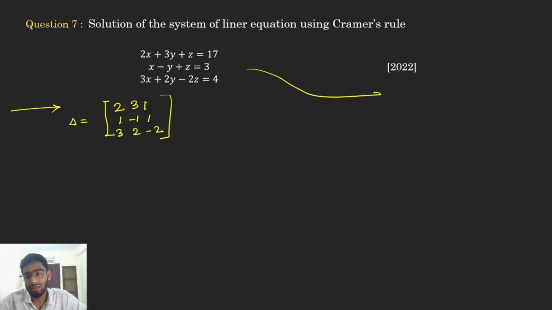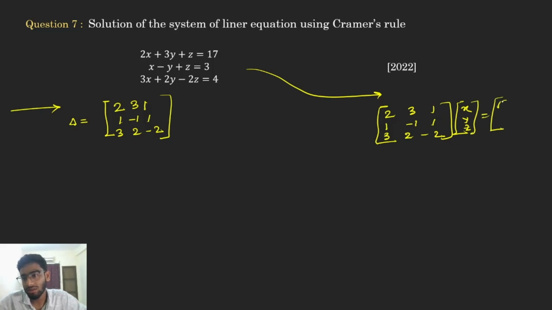These equations can be written in that way: this matrix multiplied with a column matrix x y z gives this one. Exactly the same thing in matrix form. So del is nothing but that matrix.